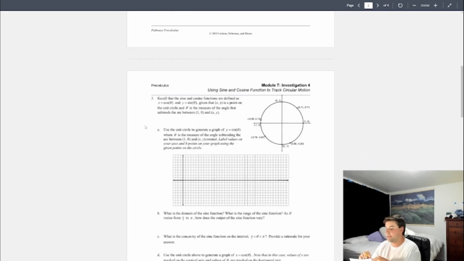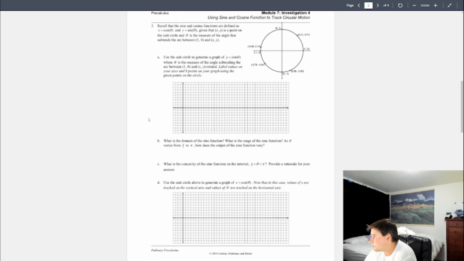Recall that the sine and cosine functions are defined as x equals cosine and y equals sine, given that (x, y) is a point on the unit circle and theta is the measure of the angle that subtends the arc between. Yep.